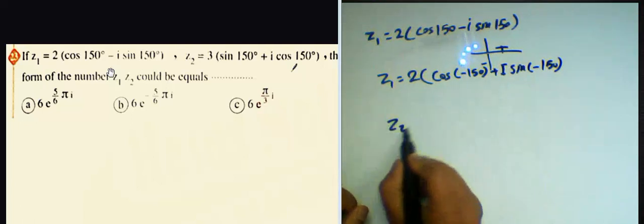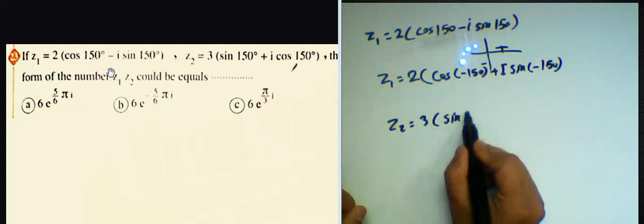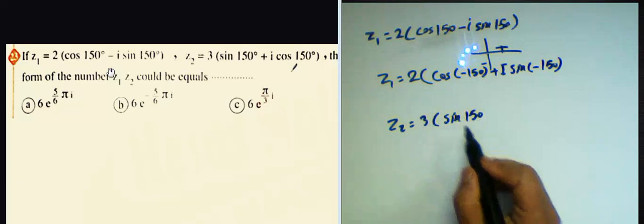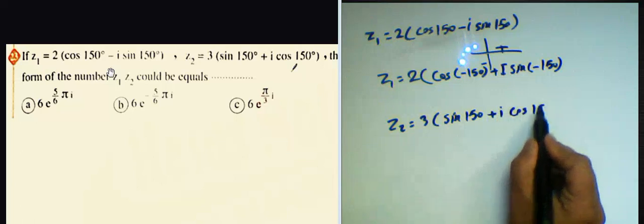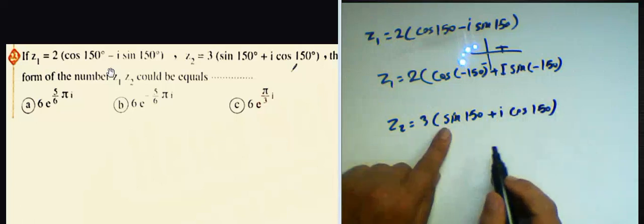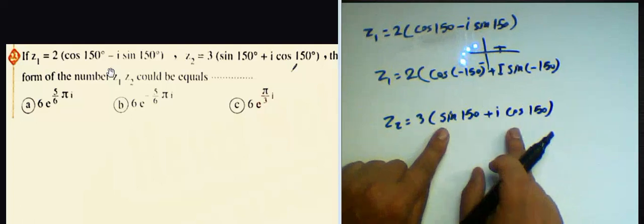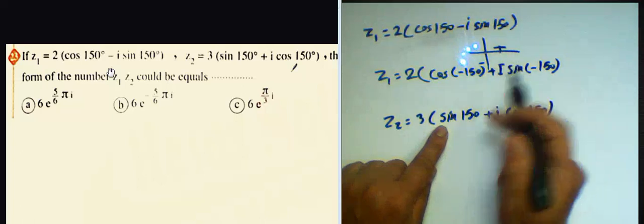Okay, and Z2 equal 3 multiplication by sine 150 plus I cosine 150. Positive and positive, the first quadrant. Positive and positive. And sine and cosine, it will be what? It will be here 180 subtract by angles.